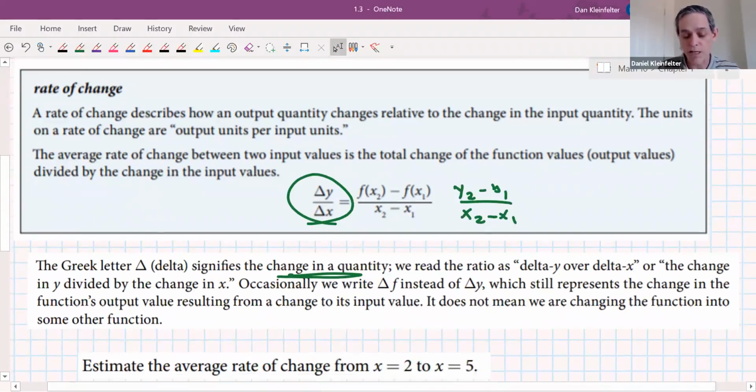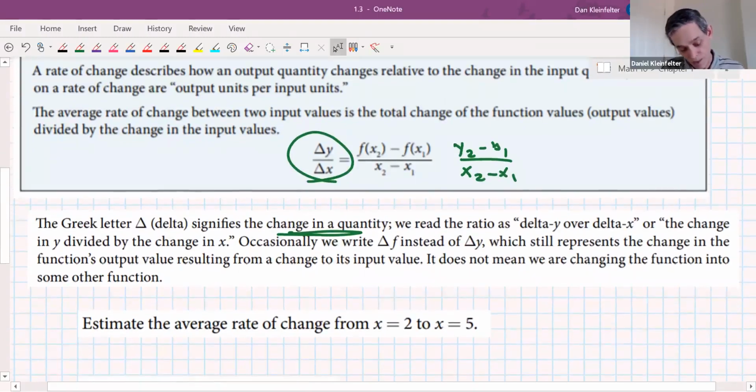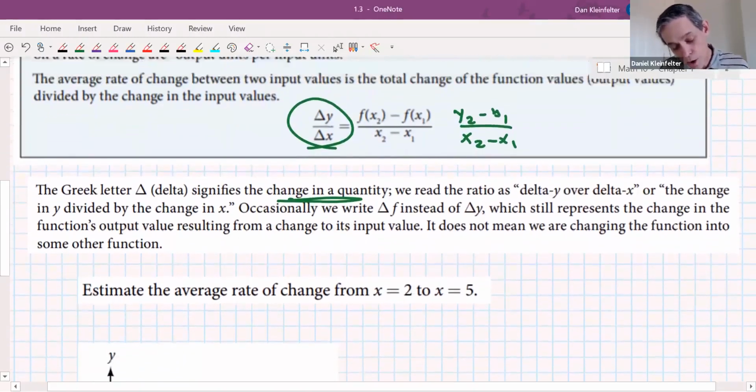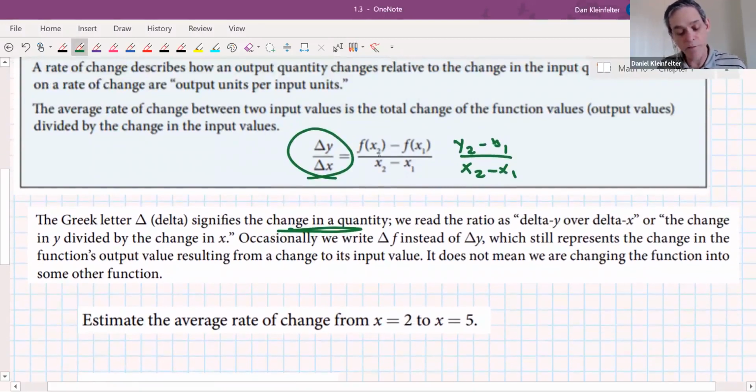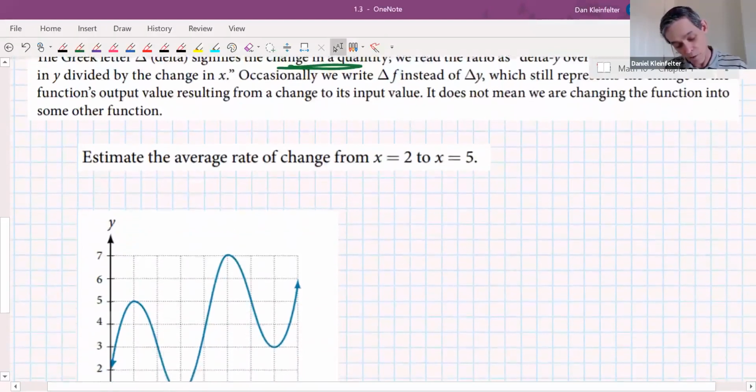We just want to express that ratio of how much y change accompanies a certain amount of x change. Okay, so the formula, and this is an important one to know going forward, the change in f, that's another way that you'll see it, not just change in y, you might see change in f divided by change in x.